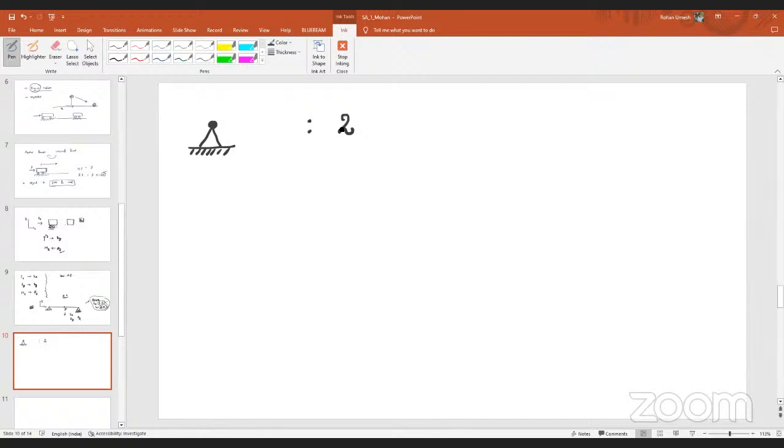Here we will say horizontal and vertical. But this is only possible if your plane is XY. What if my hinge support is like this? Will you say X and Y?